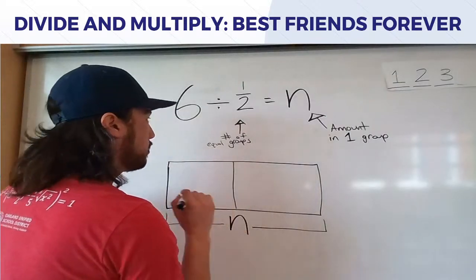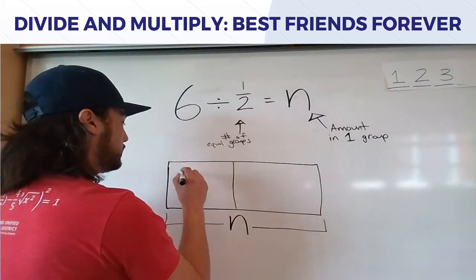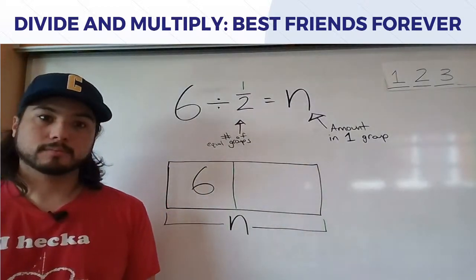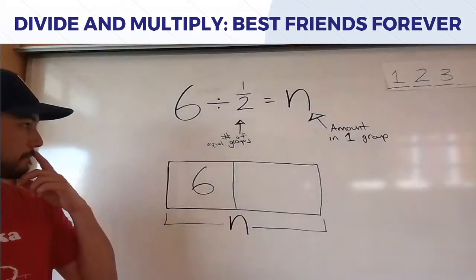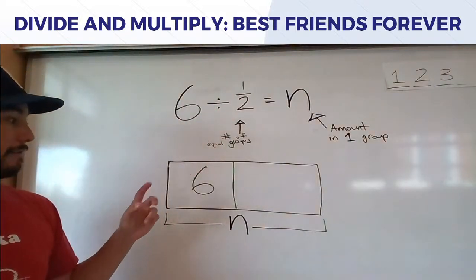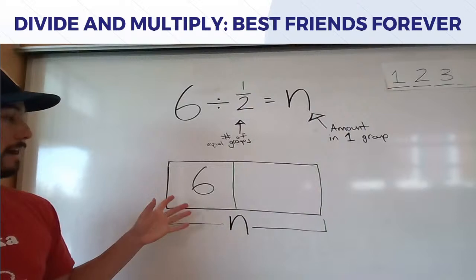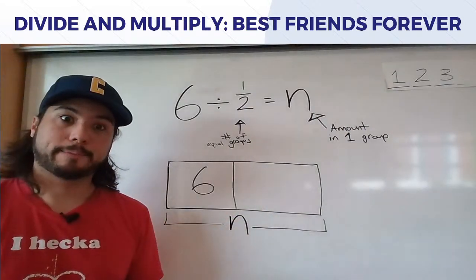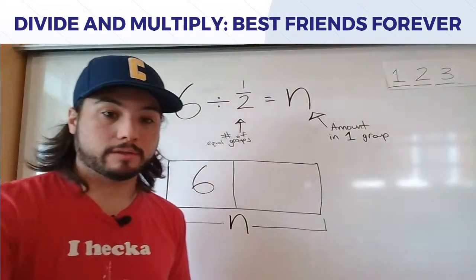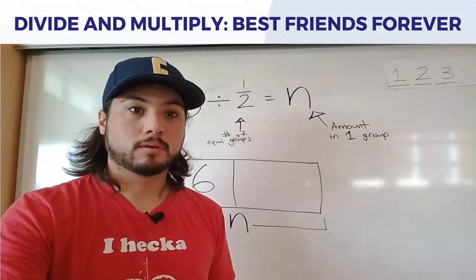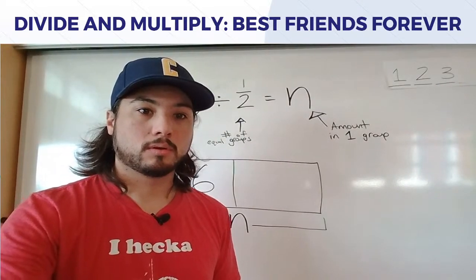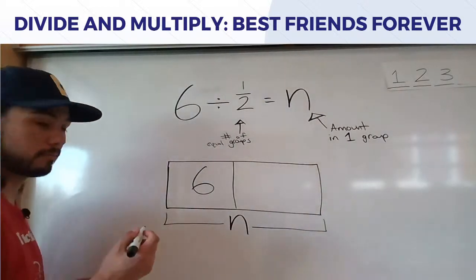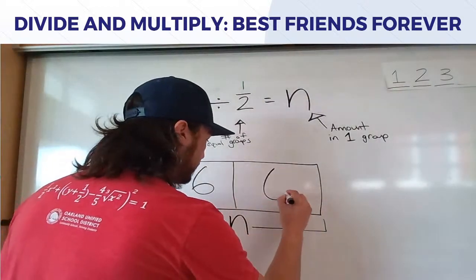And we know that 6 is in 1/2 of a group. Since they're equal groups and it's half of an equal group, what would be the other half? It also equals 6.